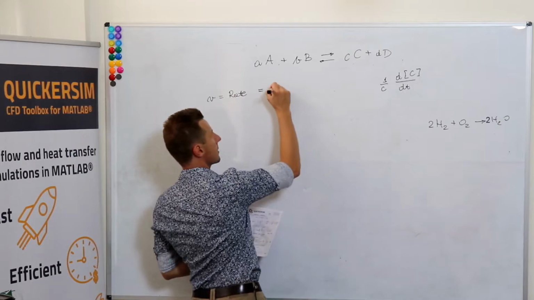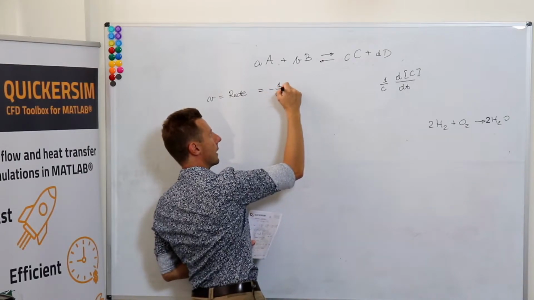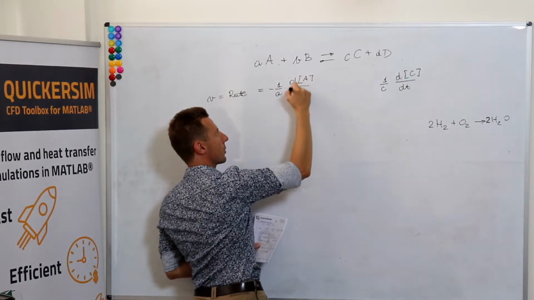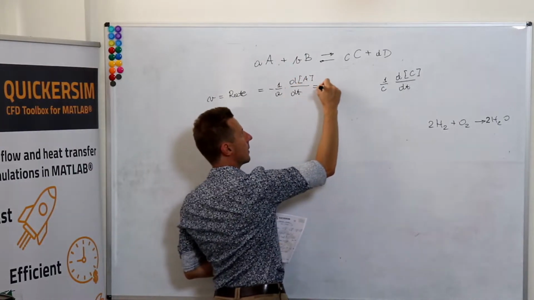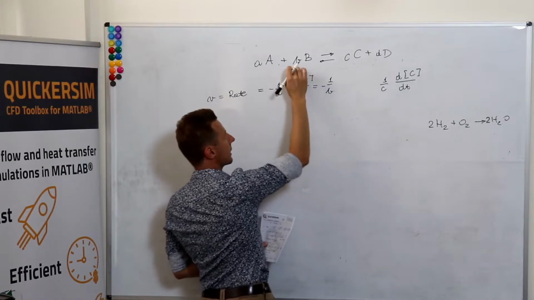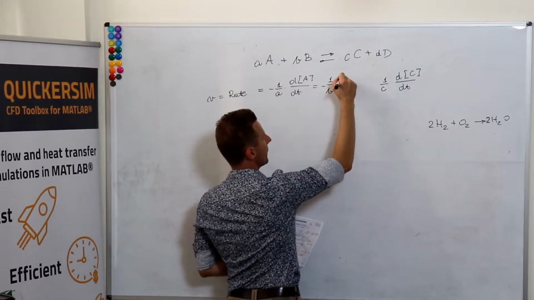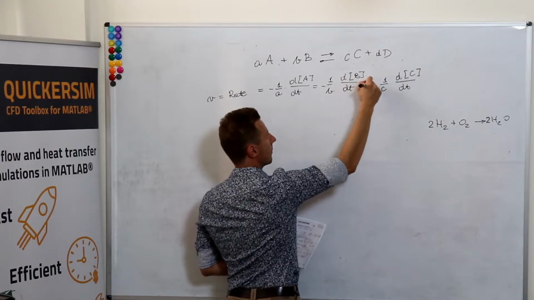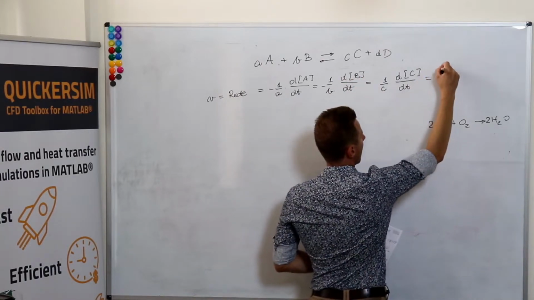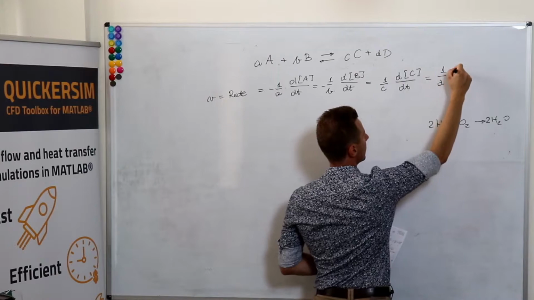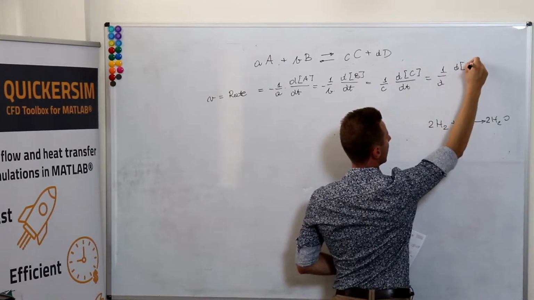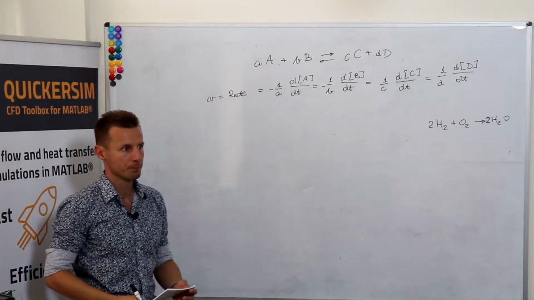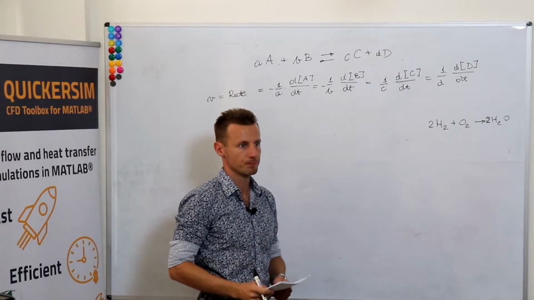So you can write it's minus 1 over a times the time derivative of the production of A. This might be the same as vanishing of B. And no wonder, okay, understandable.